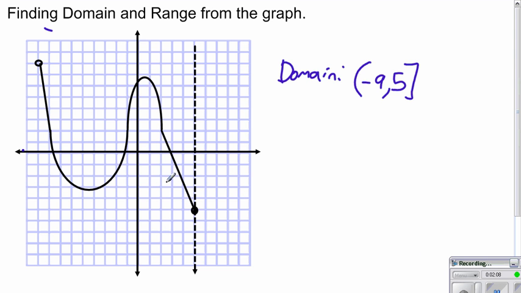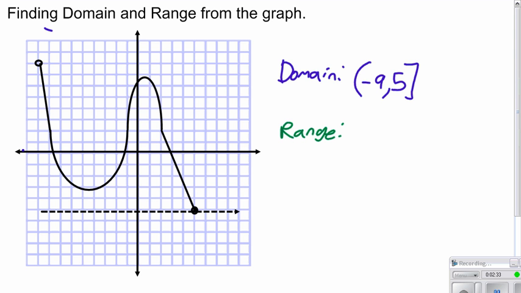For the range, it's a very similar concept, except range is your outputs, your y values, so it's the lowest value to the highest value. So the lowest point on the graph, that's right there. So our range is lowest to highest.